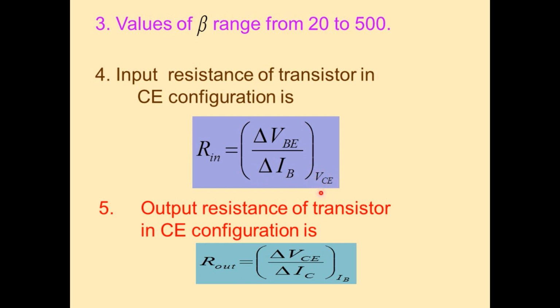So, R input equal to delta VBE by delta IB when VCE kept constant. The input resistance of a transistor can be measured when output voltage VCE is kept constant. It is the ratio of change in potential across base emitter to the change in base current at VCE constant.